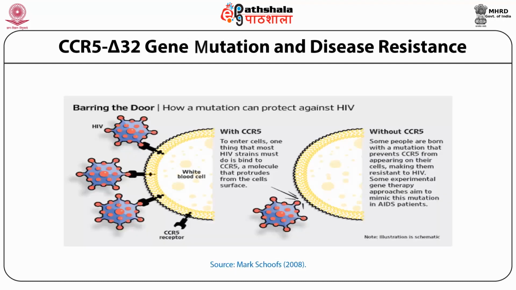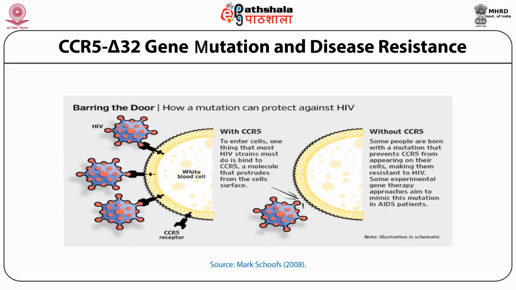Another example which we are going to discuss is the CCR5 delta 32 gene mutation. On the microevolutionary level, we can see the same thing when looking at the variation of the CCR5 delta 32 mutation as with Duffy. This mutation causes a deletion that results in the absence of the CCR5 receptor on the cell surface.